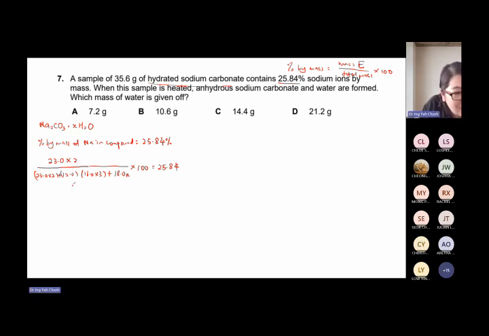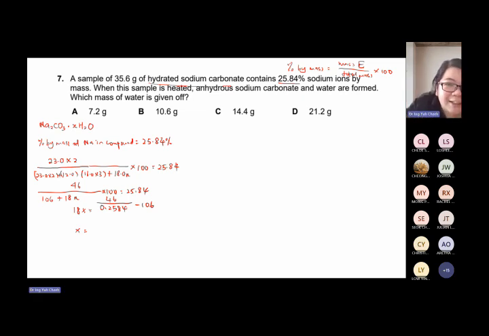Let us just quickly calculate. This plus this, I remember from paper 3, is 106. So 106 plus 18x, times 100, is 25.84. So x is found by 0.2584. 46 divided by this, minus 106.